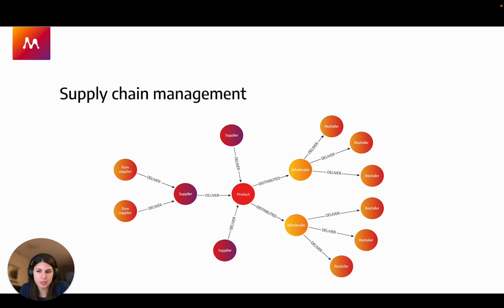Supply chain management is a business example where you can, for example, find weak links in these kinds of networks. This means that if you find out that some raw supplier didn't deliver some goods to the supplier, what would actually happen? You can do different kinds of business risk analysis.